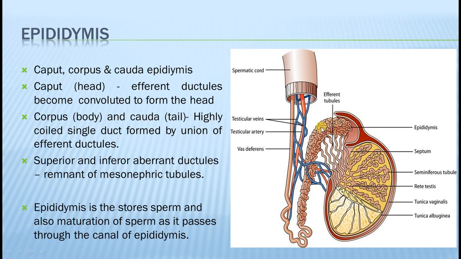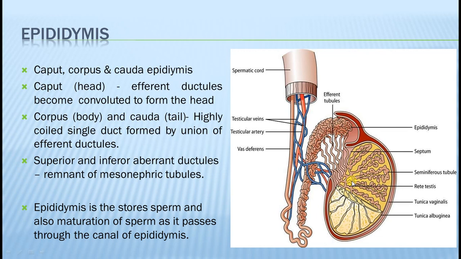Then from there, the head of the epididymis, sorry, it is actually the caput epididymis, continues as the corpus and then the cauda epididymis, which is related to the posterior border and also to the lateral part of the posterior border of the testis.